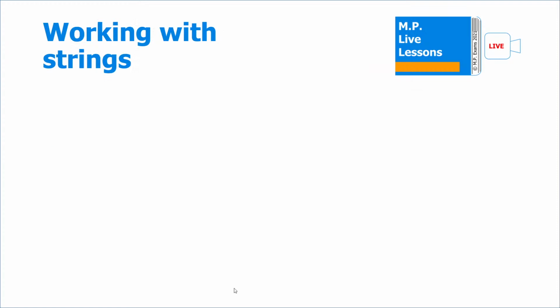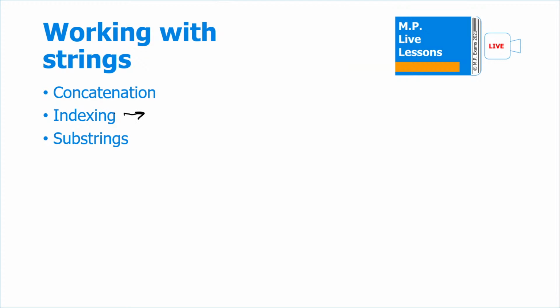Now, when we work with strings as well, we could do things like concatenation, indexing, and substrings. Indexing we're already familiar with. This works the same way as lists. And this is instead not broken down into each item in the list, but rather each character.